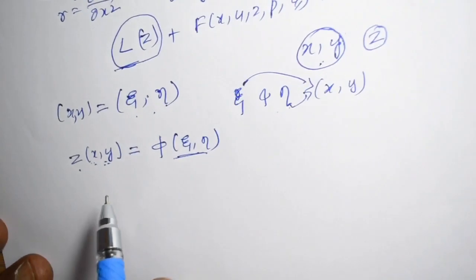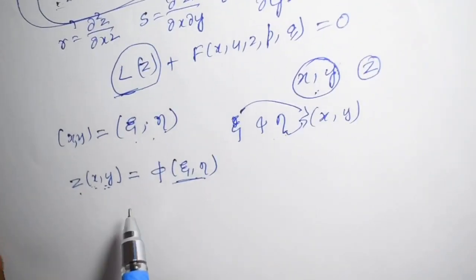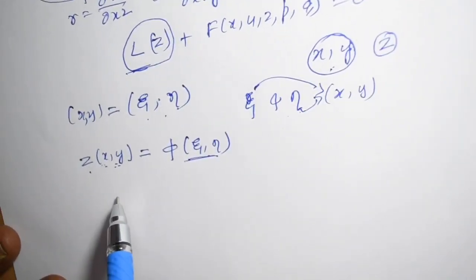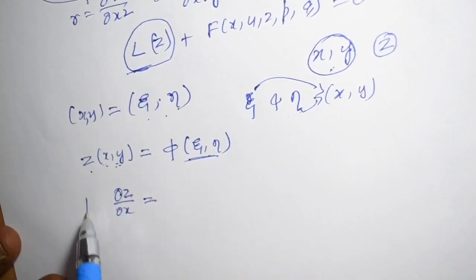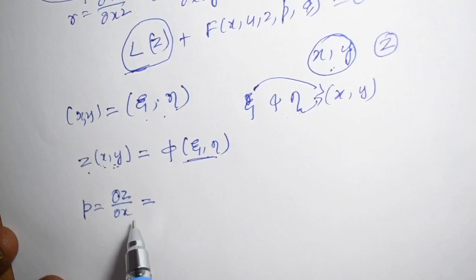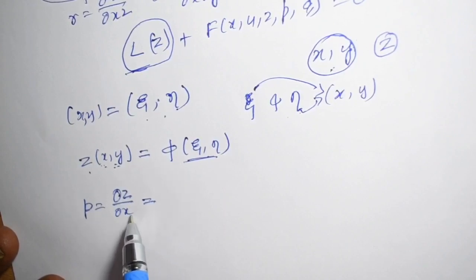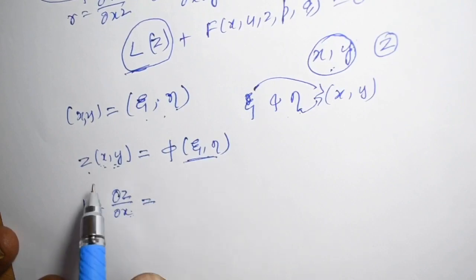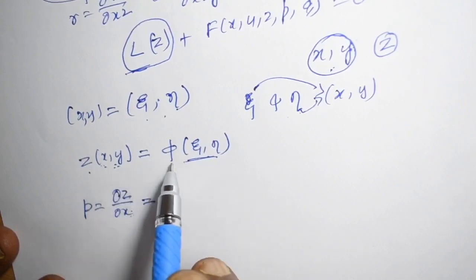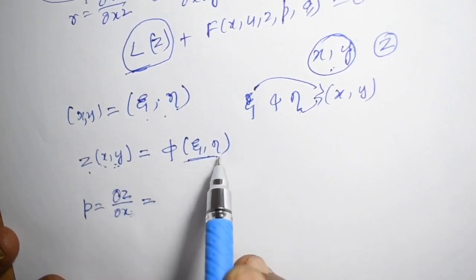Now as a first instance I am going to find the first order derivative del z by del x, which is your p. So p is equal to del z by del x. You have to find the expression for this derivative. As you know the transformation is z of x comma y is equal to phi of xi comma eta.